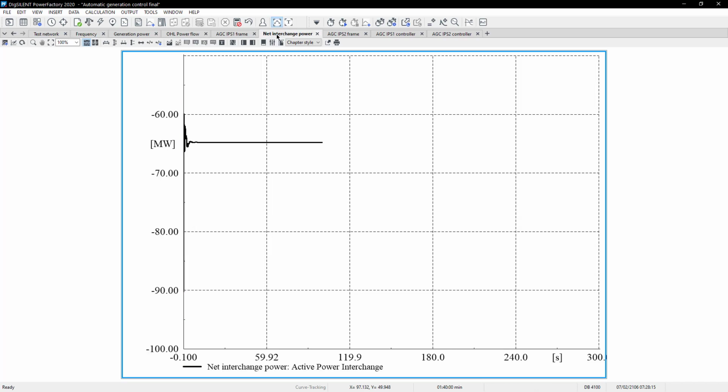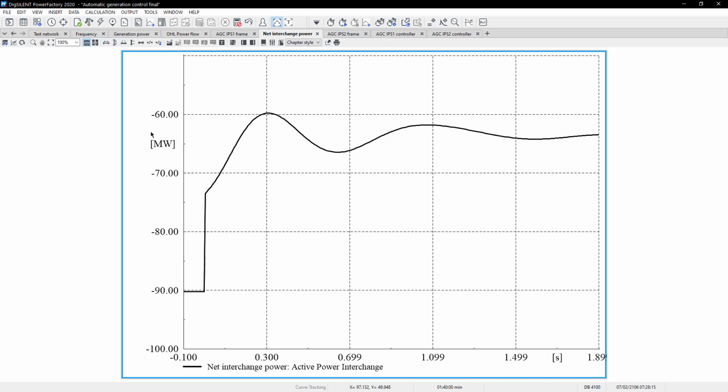And let me see something here. What I want to show you right now is what is happening at the interface. Let me see the power. Let me zoom in here. Initially we have a power that is around minus 90.2 megawatts.